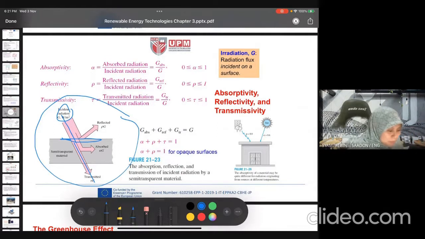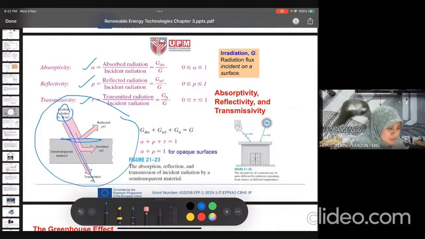So these parameters, alpha, rho, and tau, the absorptivity, reflectivity, and transmissivity, measure the percentage, the efficiency of this incident radiation: how much will be absorbed, how much will be transmitted, and how much will be reflected.